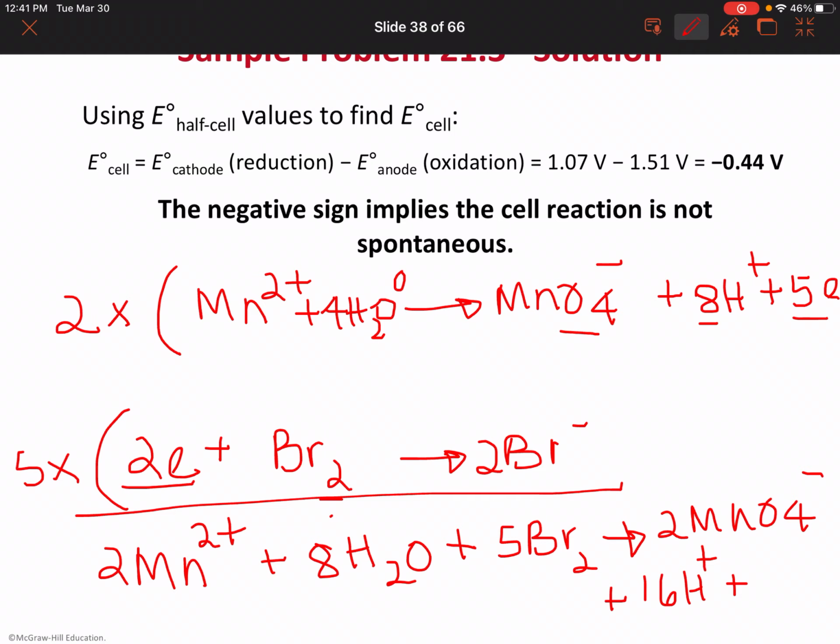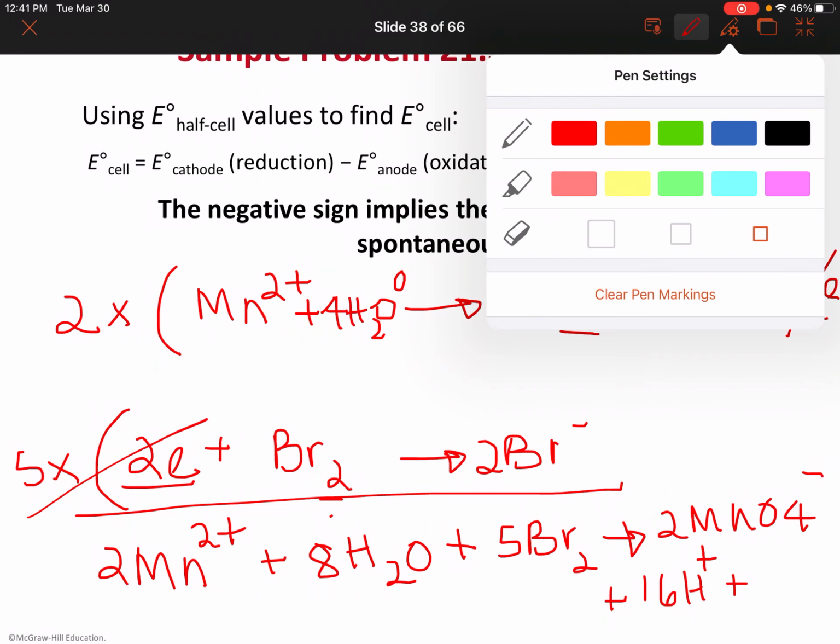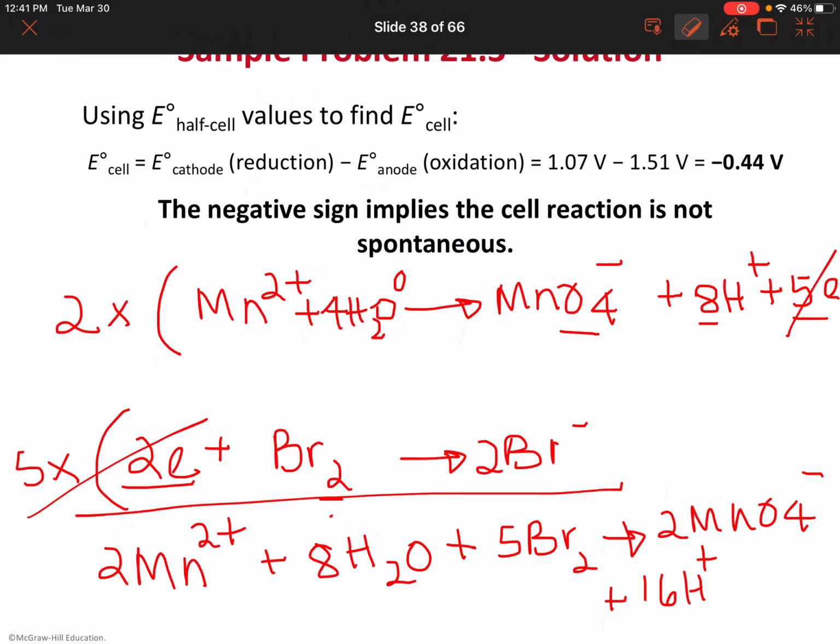That's it. And then 2 times 5 electrons, 10, 5 times 2 electrons, 10, that gets cancelled. Okay, so that is going to be the overall reaction. That is the balanced equation. Now the first one is the oxidation. This is your oxidation and this is going to be your reduction reaction.